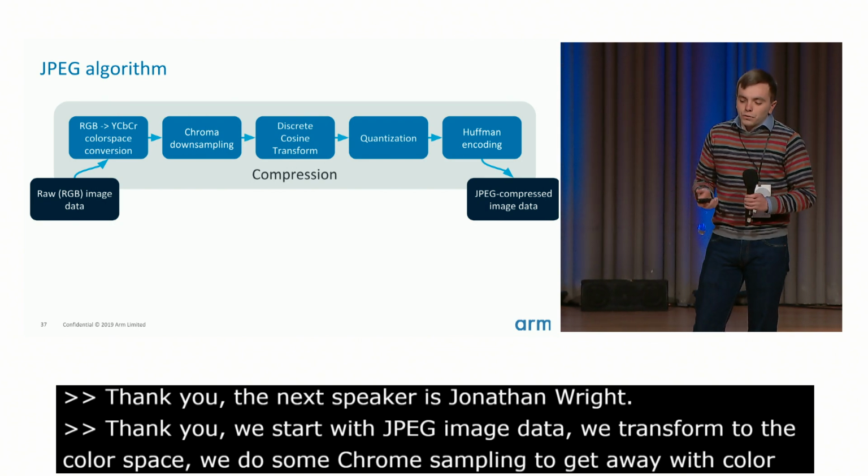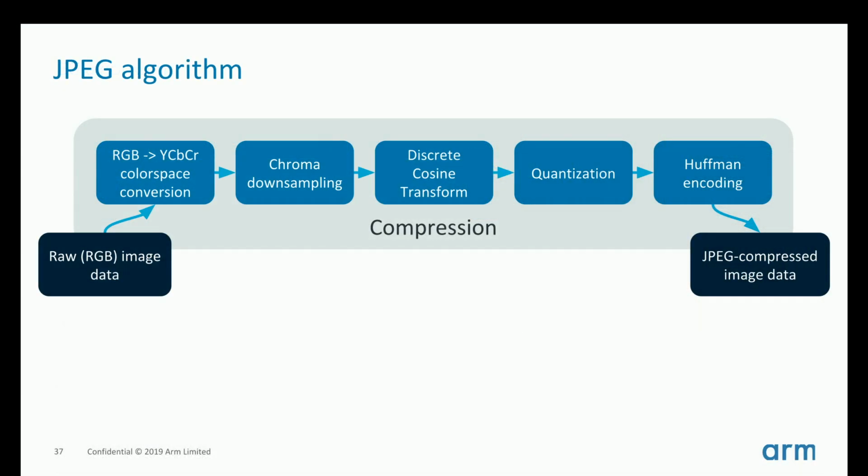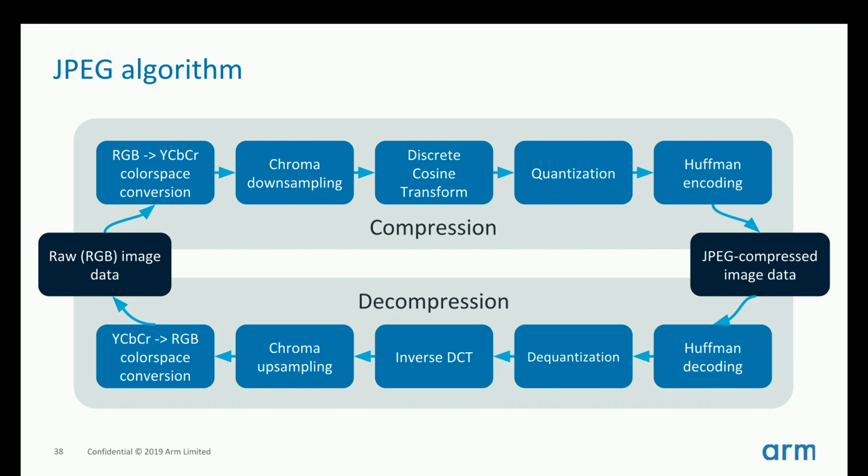We then put that through a discrete cosine transform, and that's more complicated than I can explain in a lightning talk. You then multiply those cosine wave coefficients by a quantization value, and then you stick the output of that through a Huffman encoder, and then you get JPEG compressed data. And you won't be surprised to find out the decompression is just going back the other way.